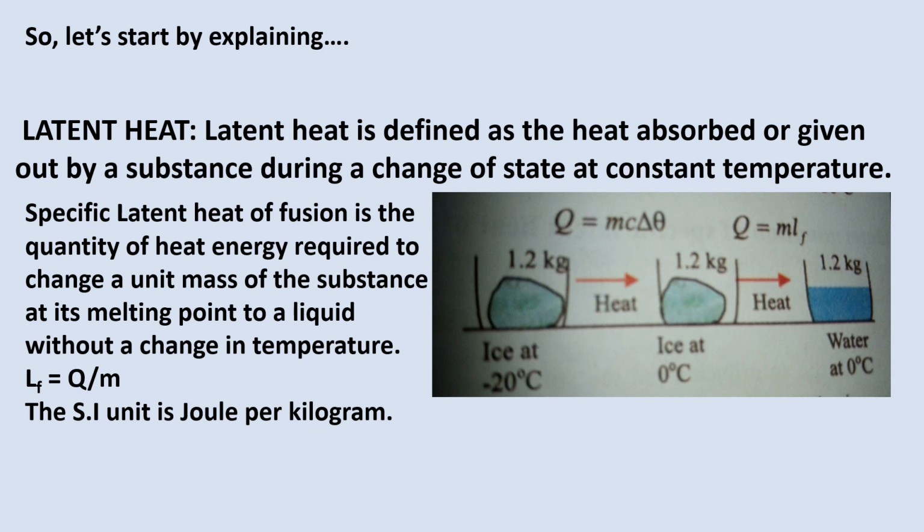This is where we say that there's a change of state from solid to liquid, but without a corresponding change in temperature. You can see that the temperature is still at 0 degrees Celsius, while at this point, there's a change in temperature from minus 20 degrees Celsius to 0 degrees Celsius. Here we have MC change in theta because there's a change in temperature.